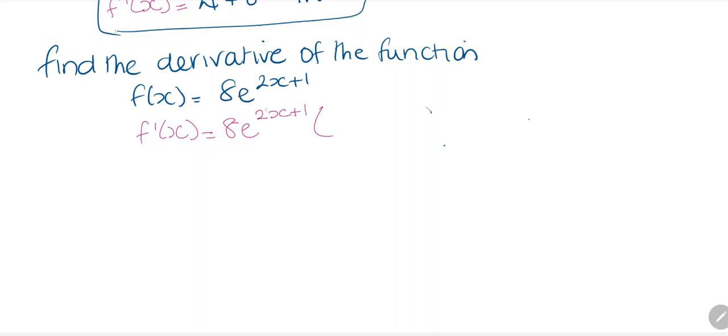And then we need to multiply by the derivative of the exponent. So our derivative is going to be 2. Now we can simplify, we can multiply. So our derivative of f of x is going to be 16e to the 2x plus 1.